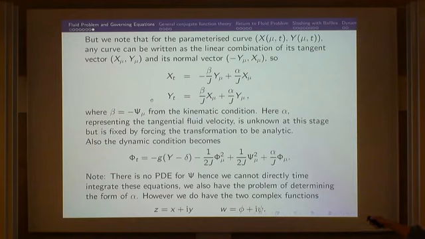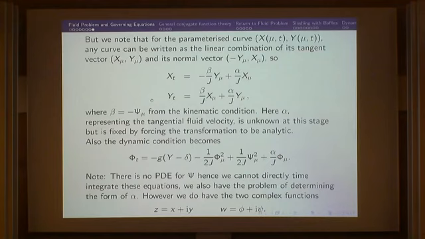So let's write the point x of t, y of t as a linear combination of these two vectors, where alpha and beta are just, at this minute, unknown functions of mu, on the free surface, and time. And I just put over these Jacobians of the mapping just for ease at this stage.